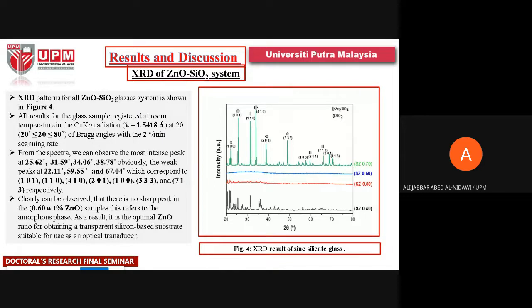From the spectra we can observe the most intense peaks at 25.62, 31.5, and 34.6 and so on, corresponding to 101, 110, and 410 respectively. Clearly, there is no sharp peak in the 0.6 weight percent zinc silicate sample. This refers to the amorphous phase. As a result, it is the optimal zinc oxide ratio to obtain a transparent glass substrate.